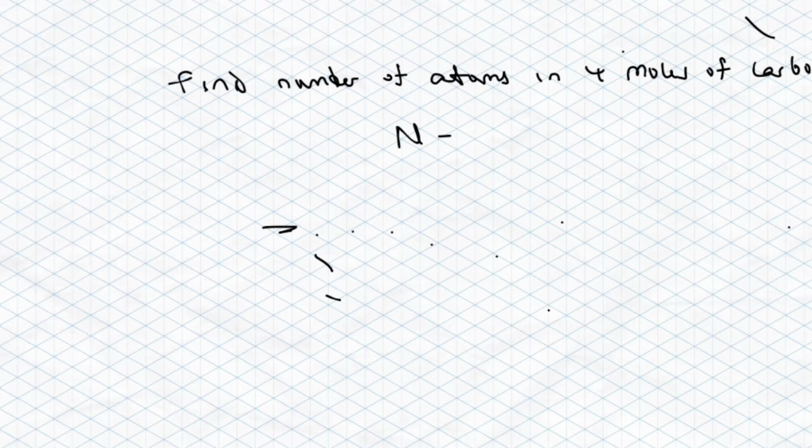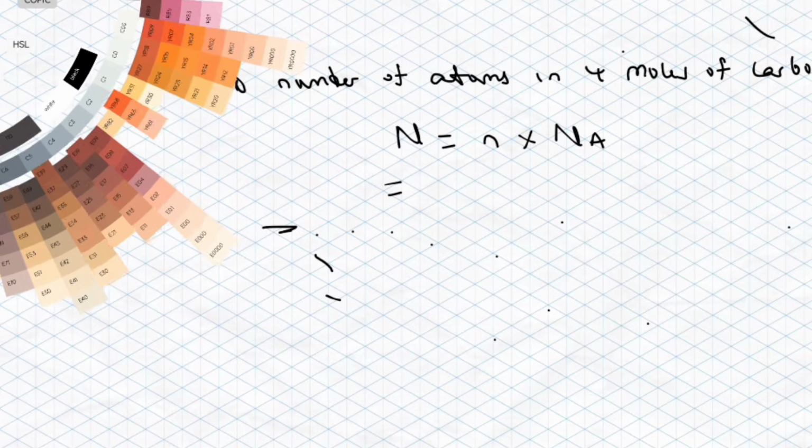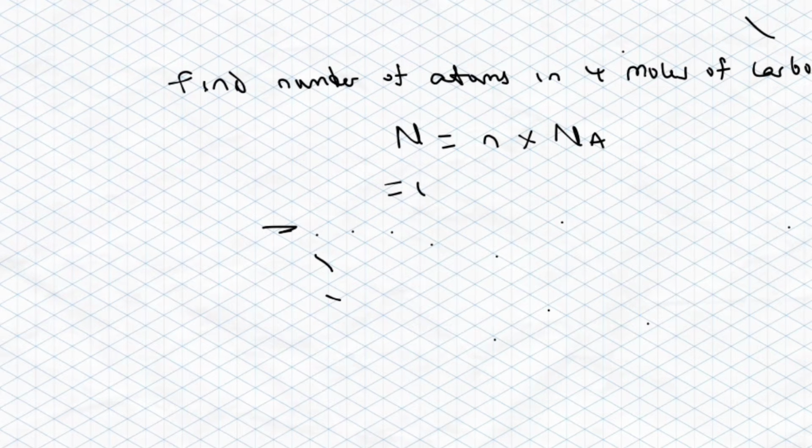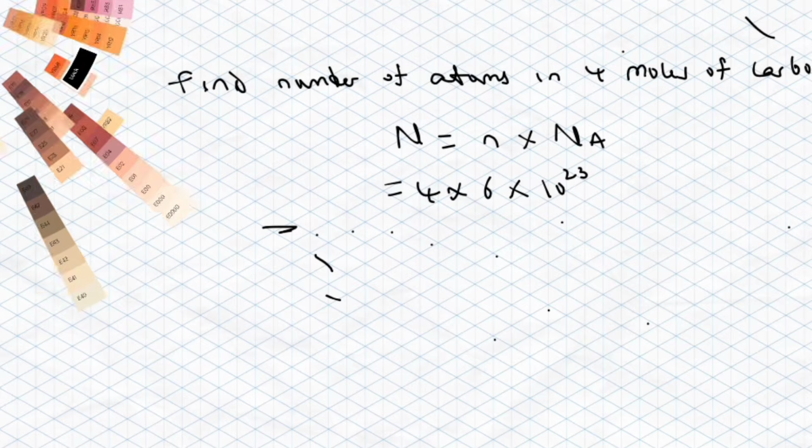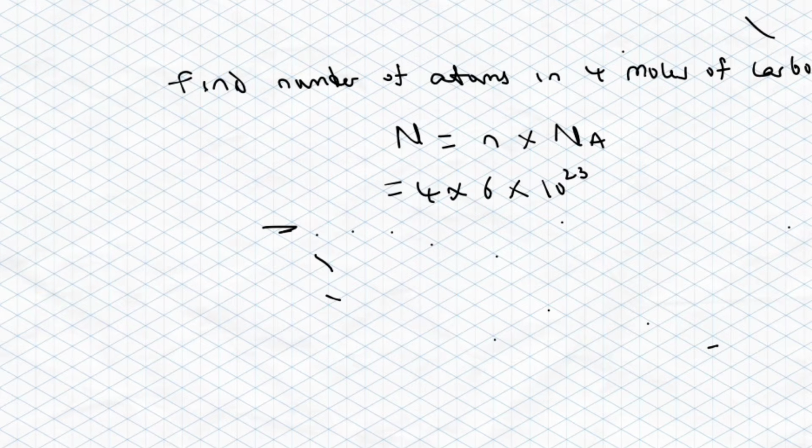Then you are going to use the formula N is equal to n times Na, which is 4 times 6 times 10 to the power 23, is equal to 24 times 10 to the power 23, is equal to 2.4 times 10 to the power 24. You can see we come about the same number again.